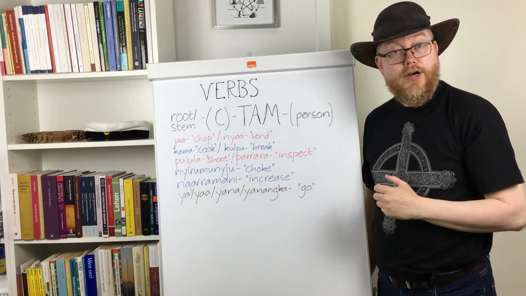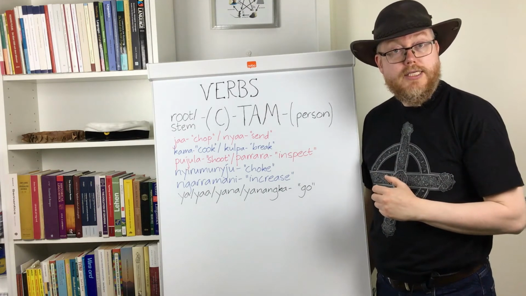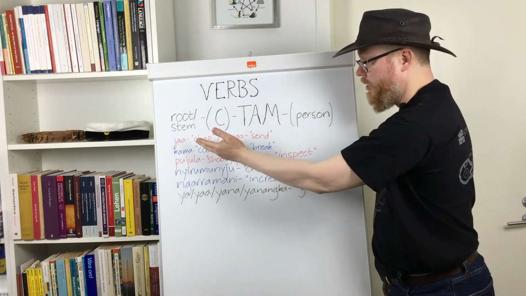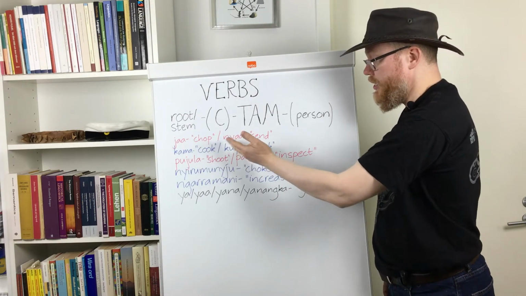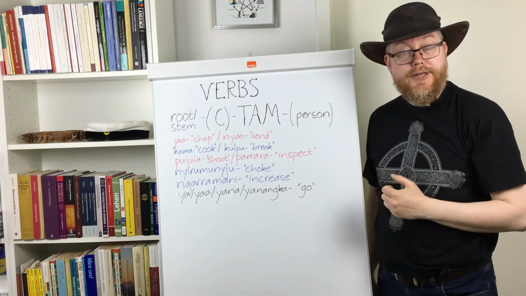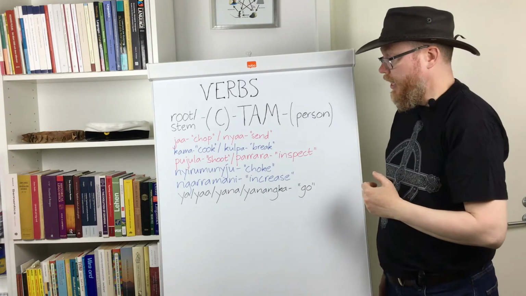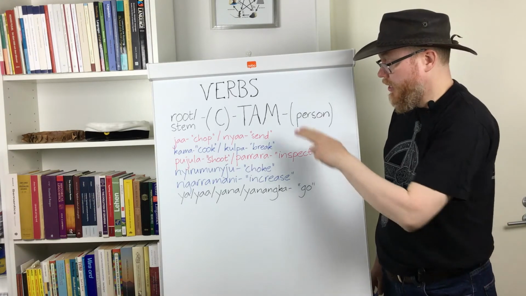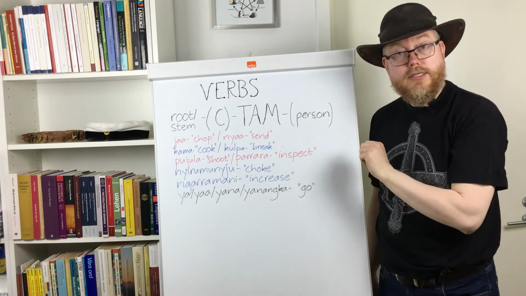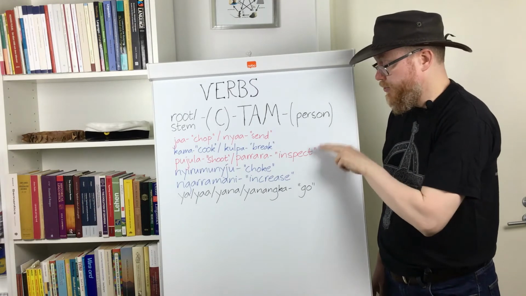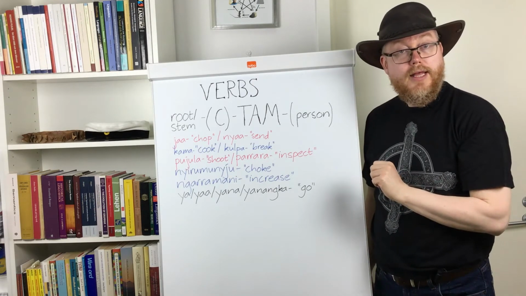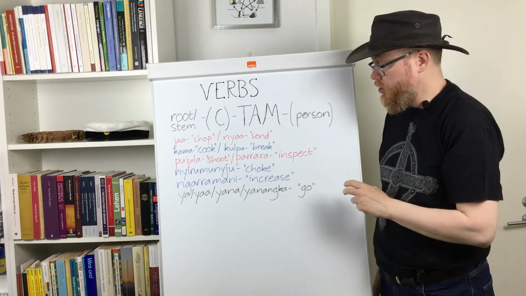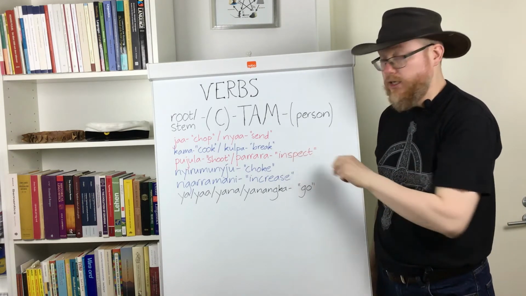So the simple verb root may consist of one syllable, like ja, chop, and nya, send. But it may have more syllables than that. It can have 2 syllables, 3 syllables, and in ngara, simple verb roots do not have more than 4 syllables.